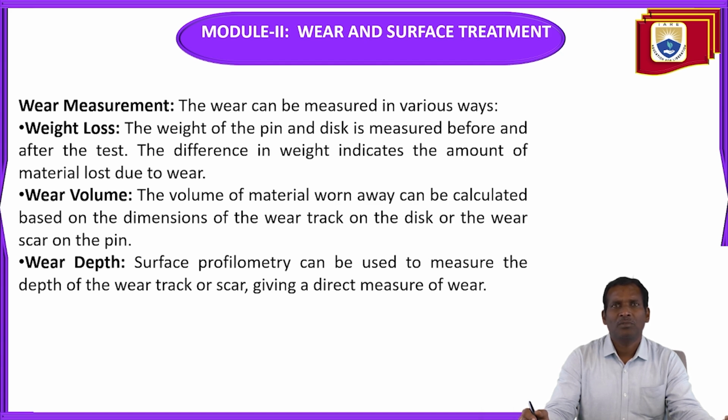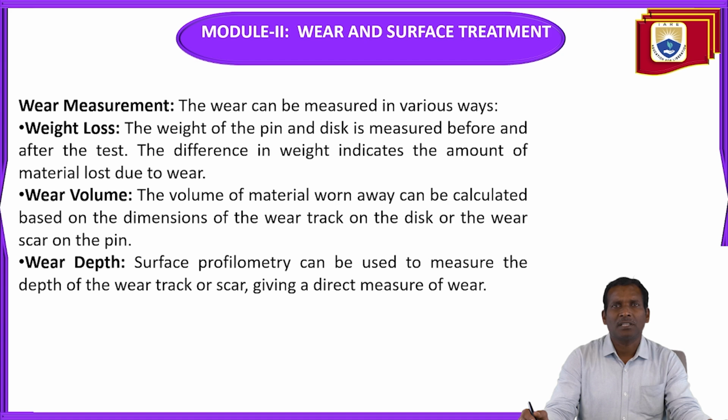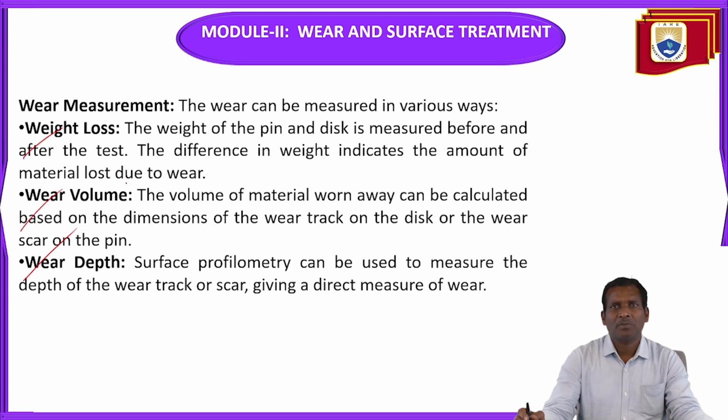Wear volume: the volume of material worn away can be calculated based on the dimensions of the wear track on the disc or the wear scar on the pin. Next is wear depth. Surface profilometry can be used to measure the depth of the wear track or scar, giving a direct measure of wear.